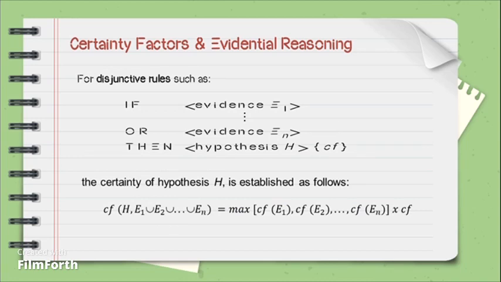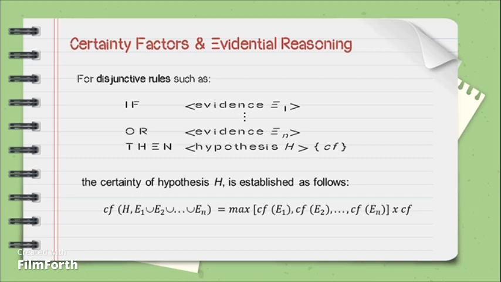For the disjunctive rules, such as if evidence E sub 1 or evidence E sub n, then hypothesis H with a certainty factor. The certainty of hypothesis H is established as follows. So here is the given formula for getting disjunctive rules.